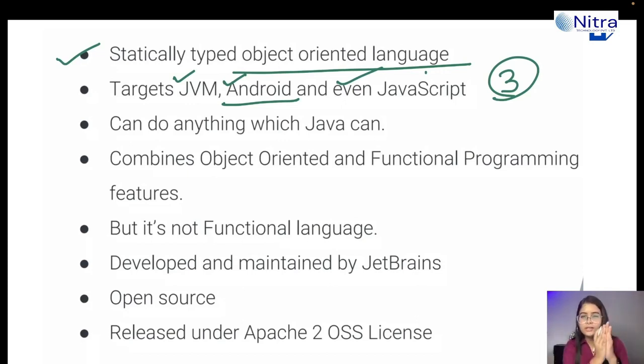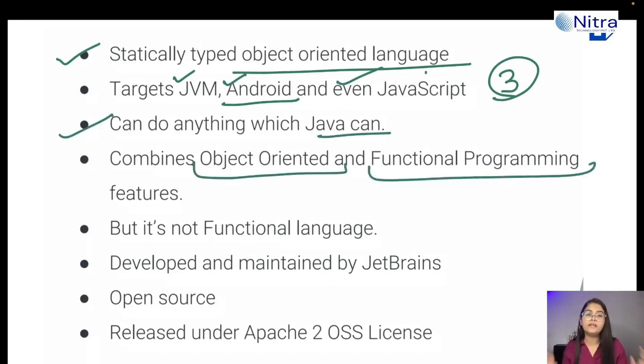I will share with you the entire timeline of Kotlin, how it came into picture, why it is used, where is it used, and in 2023-24 is it a good idea for you to learn Kotlin or not. So it can do anything which Java can, and it combines object-oriented and functional programming features.